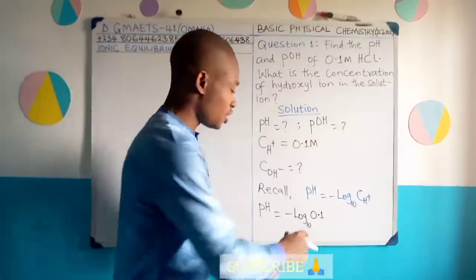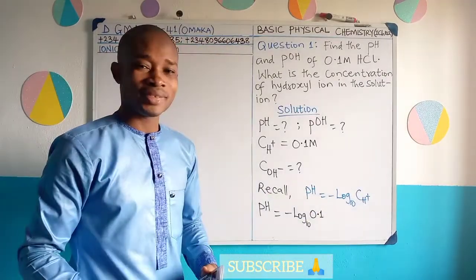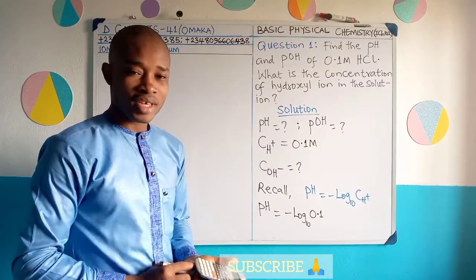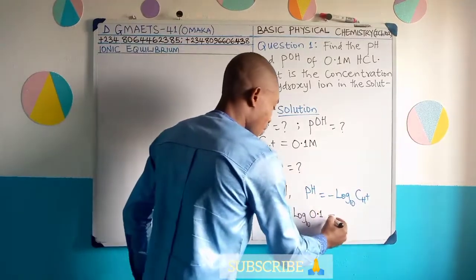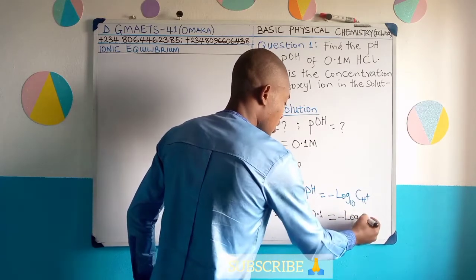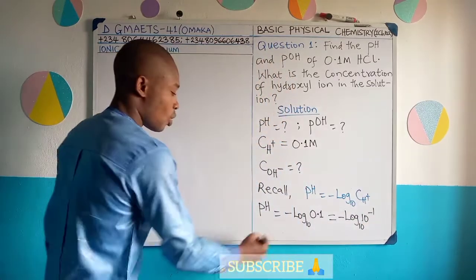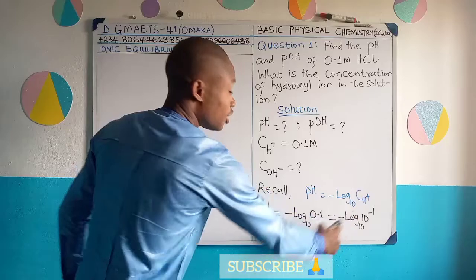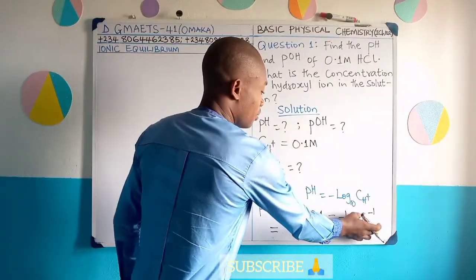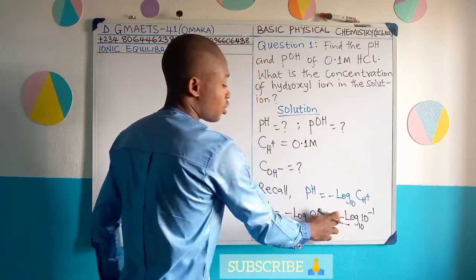If you don't want to press the calculator, 0.1 is the same as 1 times 10 raised to the power minus 1. Then apply negative law of indices. So this is going to give us minus log 10 raised to the power minus 1, then base 10. According to the power law of logarithm, if a number is raised to a power, you can use that power to multiply the log.